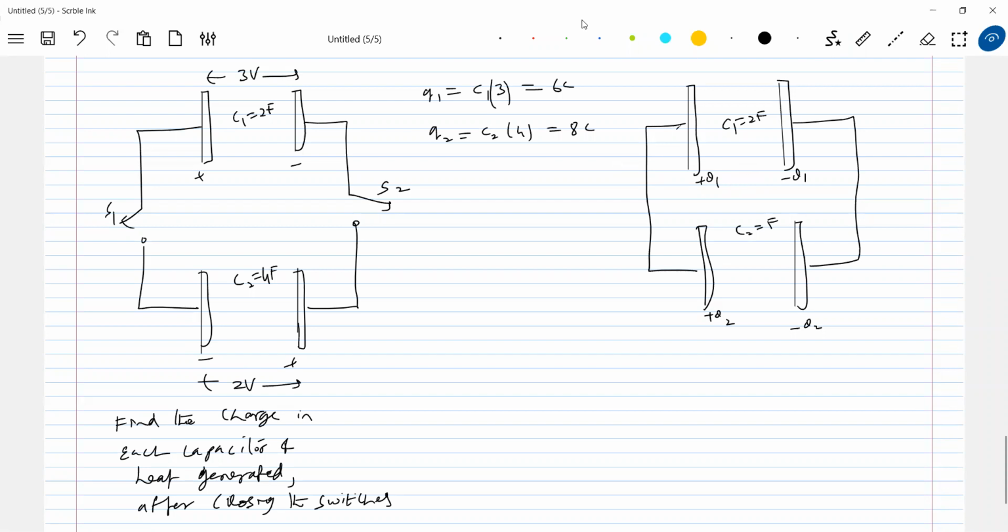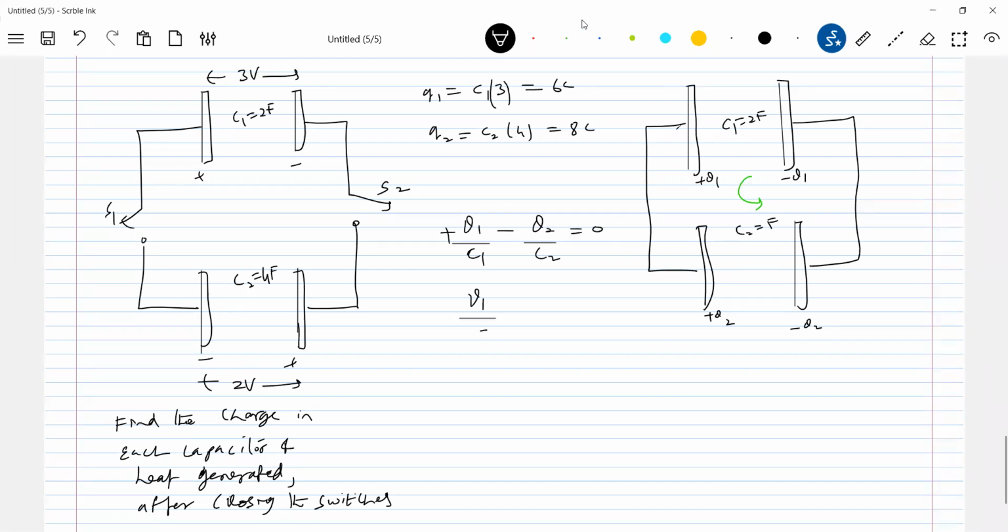Okay, how many unknowns are there? Two unknowns, so we should write two equations. First writing the loop equation: Q1 by C1 plus Q1 by C1 minus Q2 by C2, all set equal to 0.